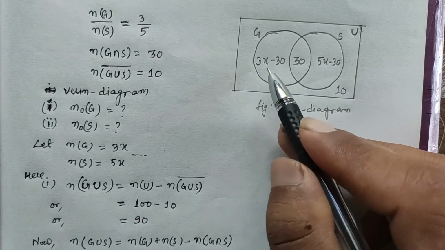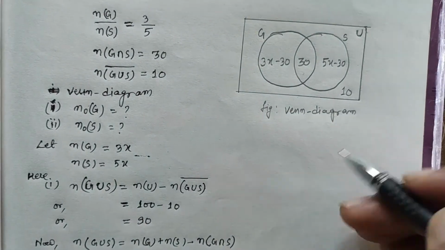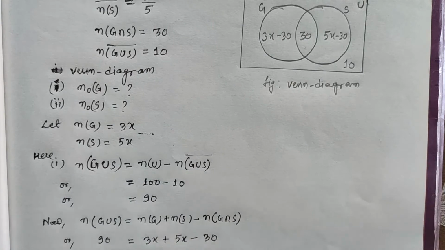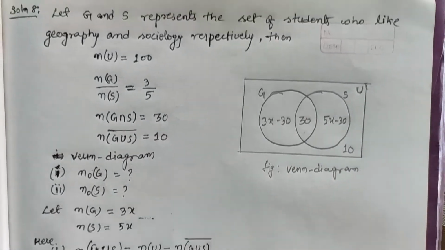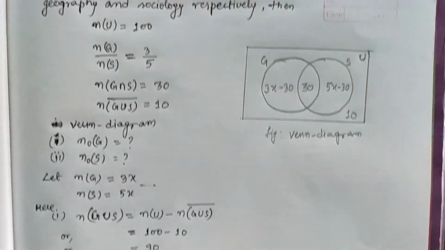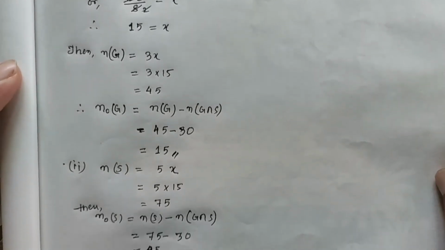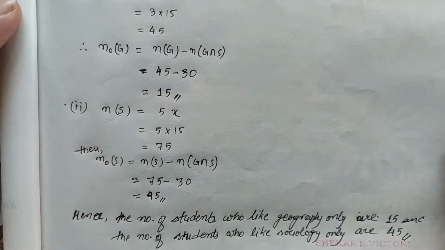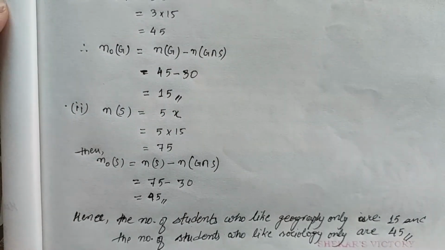That is another way to solve, to find the value of n only g and n only s. So that's your result, and we have written the conclusion here. So that's it, question number 8. Now let's move on to question number 9.